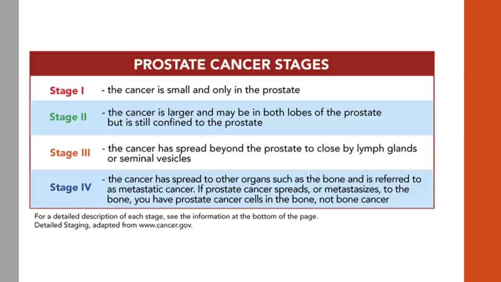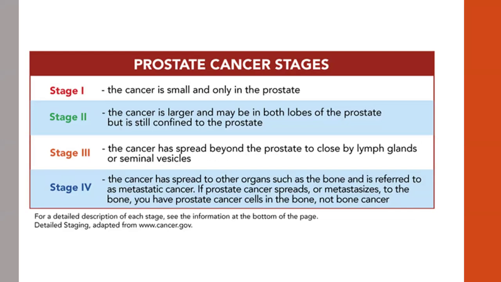So an example, prostate cancer, stage 1, the cancer is small, it's only in the prostate. So we can go in and we can zap those cells that are abnormal and fix the problem. Stage 2, the cancer may be in both lobes of the prostate, but it's still confined to the prostate. Stage 3, it has spread to the neighboring locations, the lymph glands and the seminal vesicles.